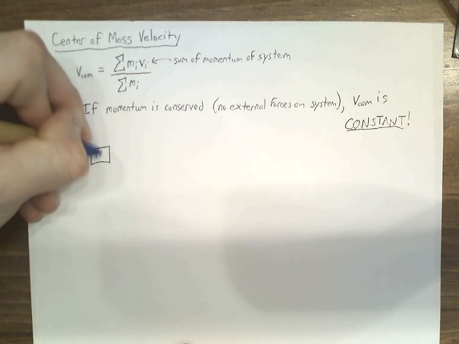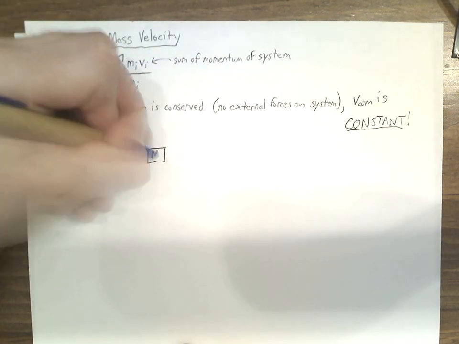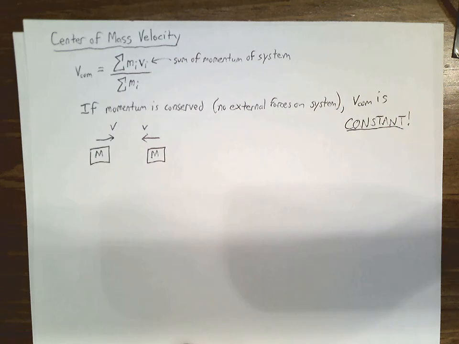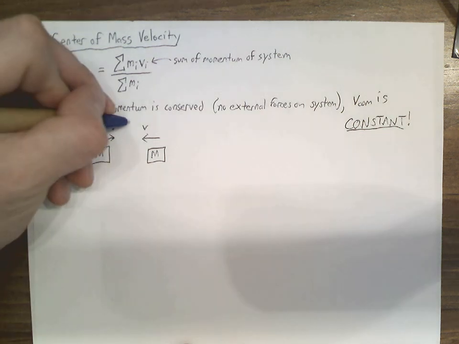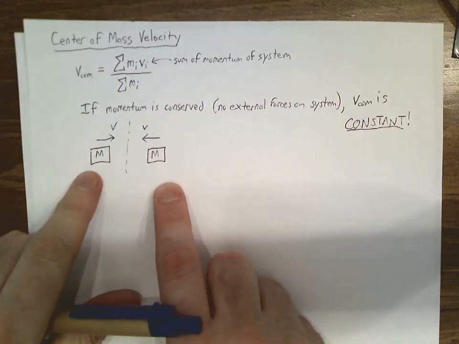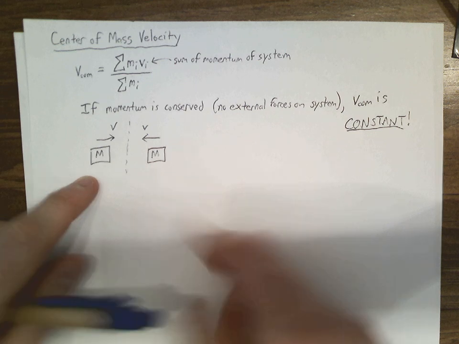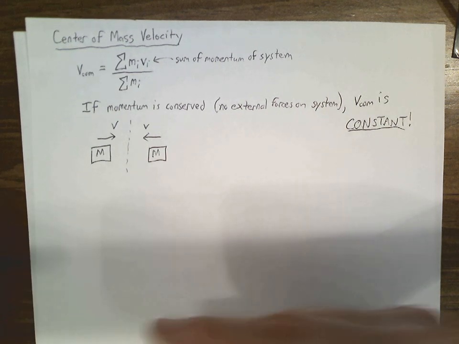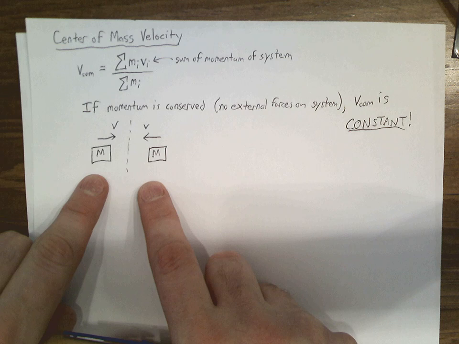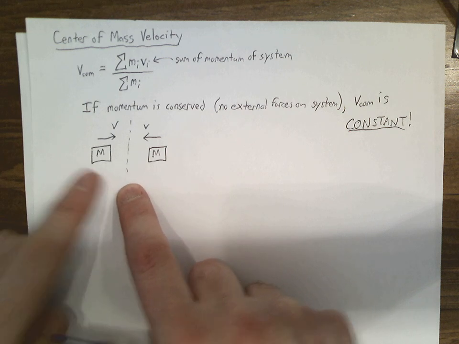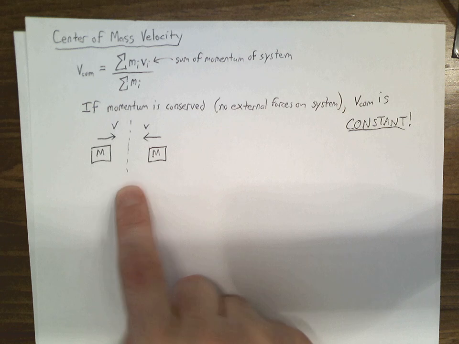So let's imagine we have 2 equally matched vehicles. They're going to collide in a head-on collision. The 2 objects are moving in opposite directions. The center of mass velocity is 0. In other words, these 2 cars are on opposite ends of the origin line here. They're moving in at constant speeds, and so no matter how far away they are from the line, they're symmetric about it. The center of mass velocity is basically just sitting here waiting for the cars to crash.